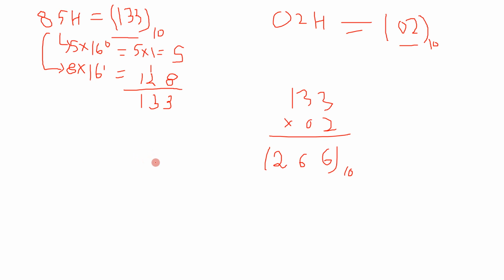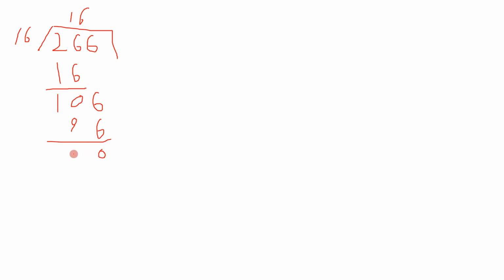How will we convert it into hexa? When I want to convert this decimal number into hexa, I will divide 266 by 16. 16 sixes are 96. We got 10 as a remainder.